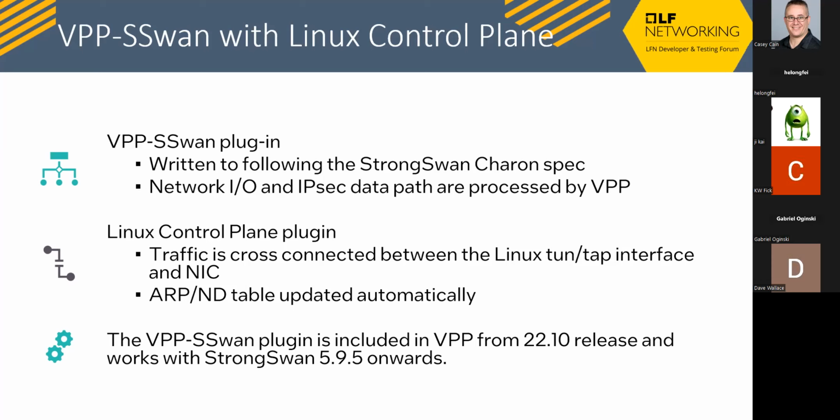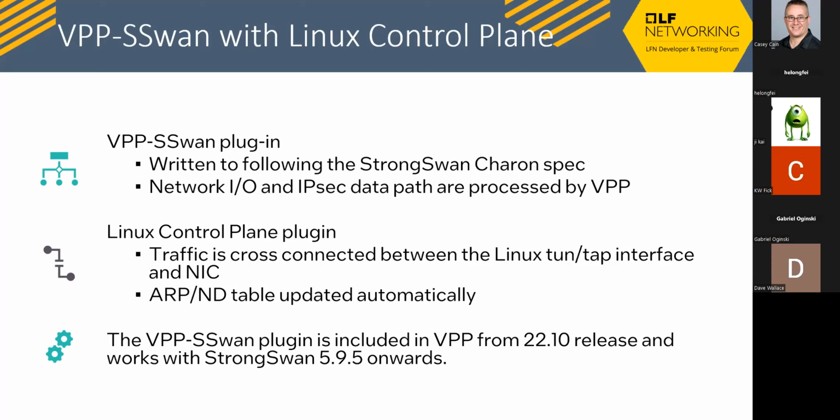It's very easy to use. VPP StrongSwan was written following the current StrongSwan specifications, and provides a helpful script to compile and install the plugin. The user only needs to run a simple command, or manually copy configuration files and the compiled VPP StrongSwan plugin binary into the specific StrongSwan installation location, and voila.